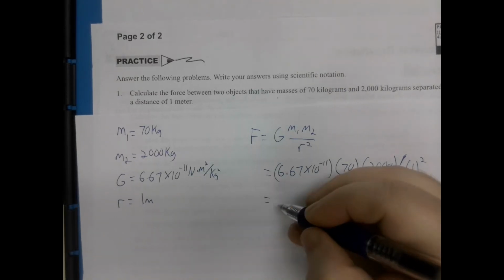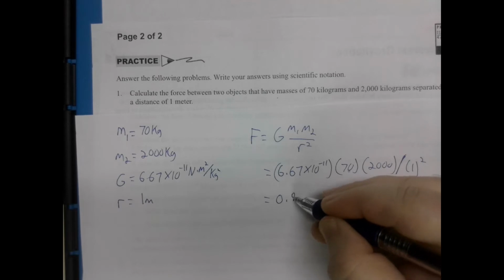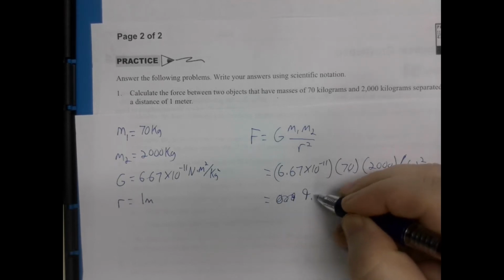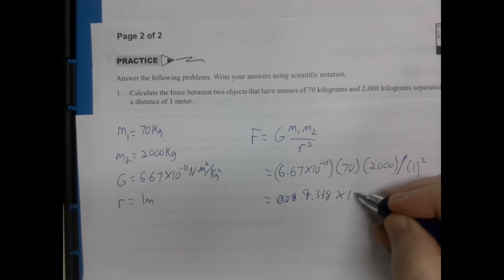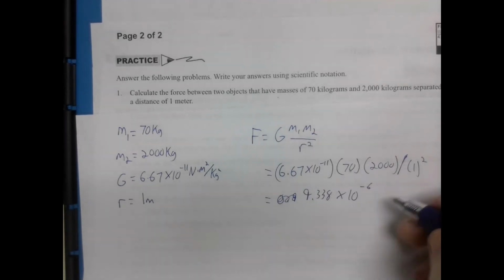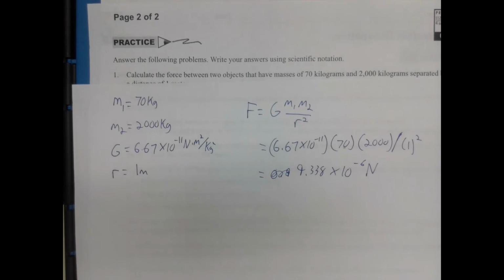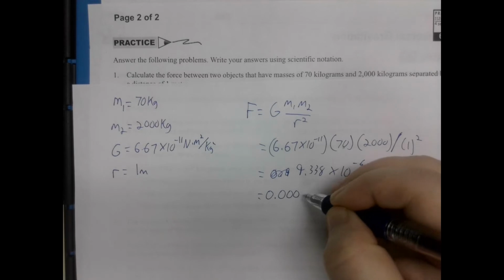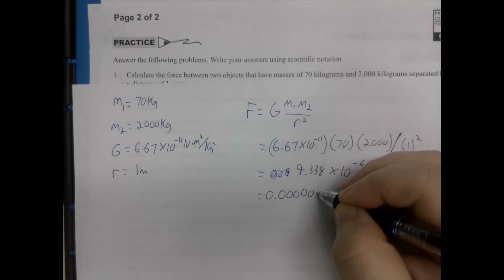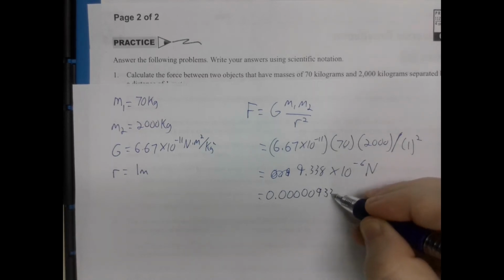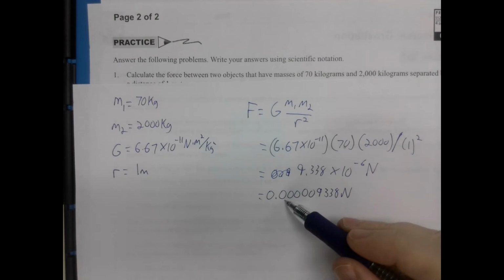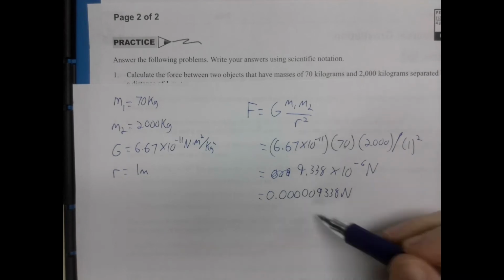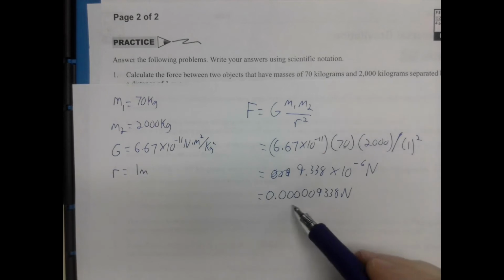And we get a very small force of 9.338 times 10 to the negative 6 newtons. So 1, 2, 3, 4, 5, 6. So this number is the same thing as this. A very, very small number.